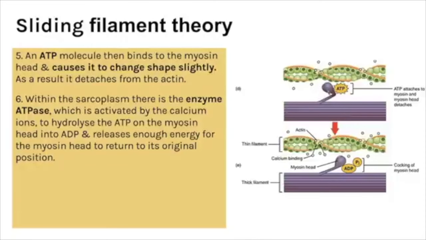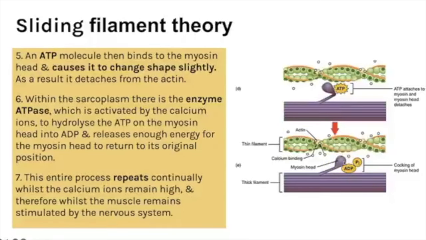So as long as you still have the stimulus causing these calcium ions to be released, then the next step will happen to trigger even more contraction. So that enzyme ATPase is going to hydrolyze the ATP that was attached to the head into ADP and Pi. And that now releases energy for the myosin head to return back to its original position.